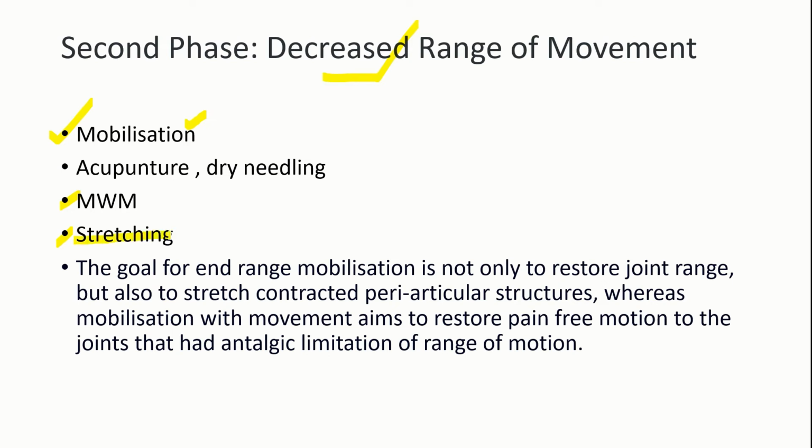Then the stretching. In the second phase, we will include stretching. In both the first and second phases, stretching is included, and it is very effective for cases of frozen shoulder. Then the goal of end range mobilization is not only to restore joint range, but also to stretch contracted periarticular structures, whereas mobilization with movement aims to restore pain-free motion to the joint that had antalgic limitation of range of motion.